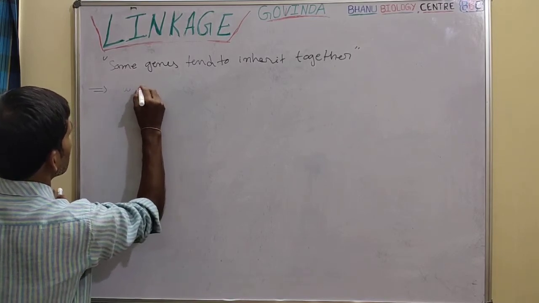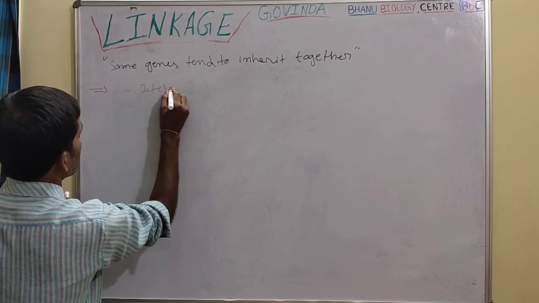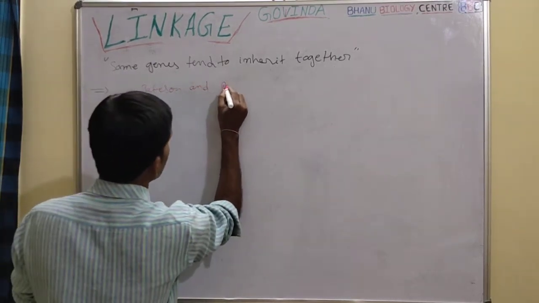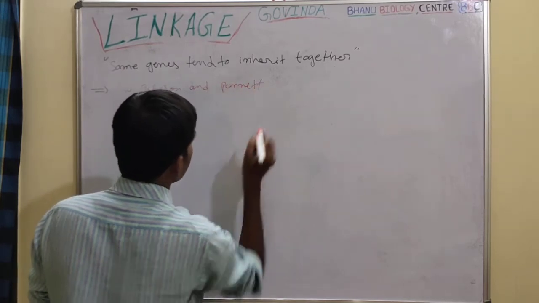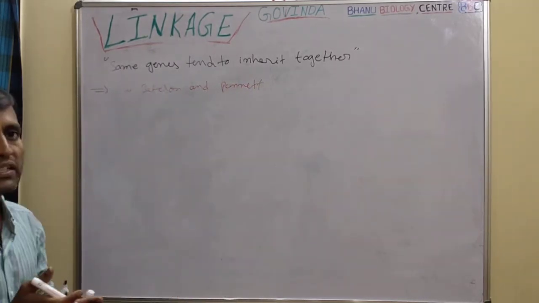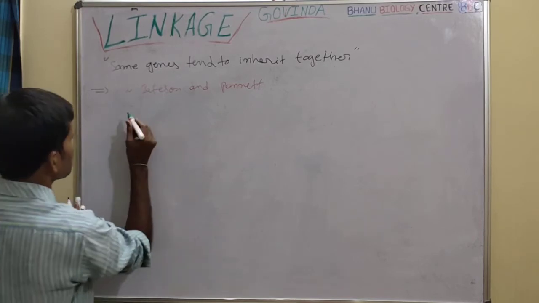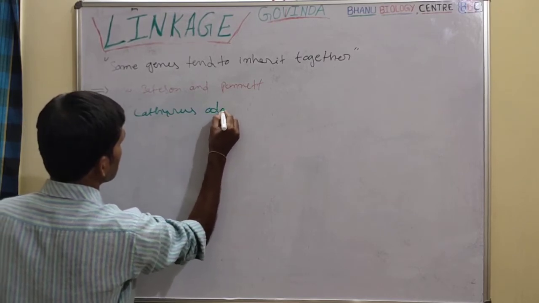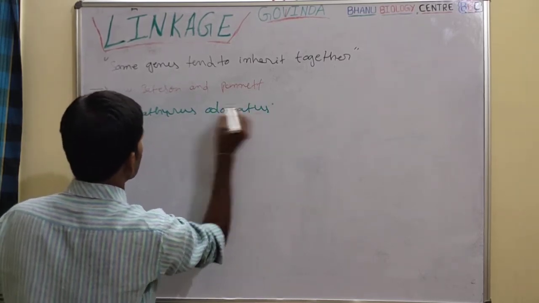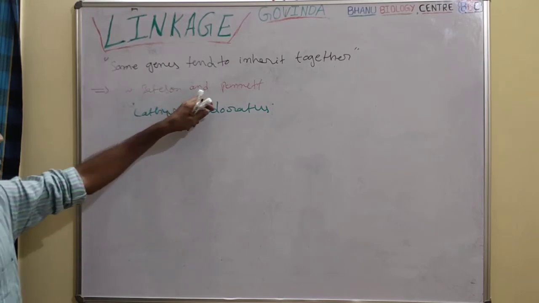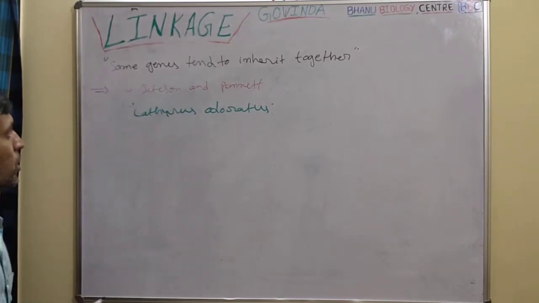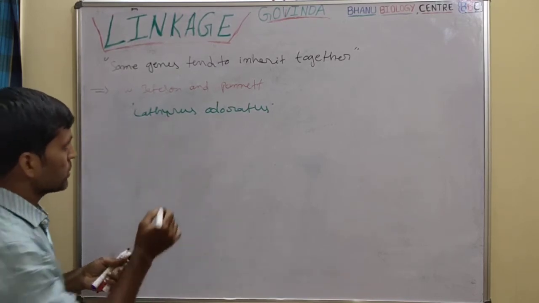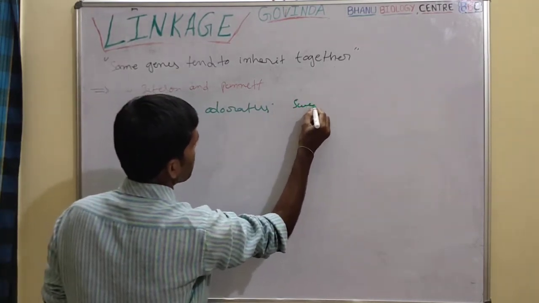W. Bateson and Punnett, saw the linkage in the plant Lathyrus odoratus. W. Bateson and Punnett observed the linkage phenomenon in the plant Lathyrus odoratus. So it is the sweet pea plant.